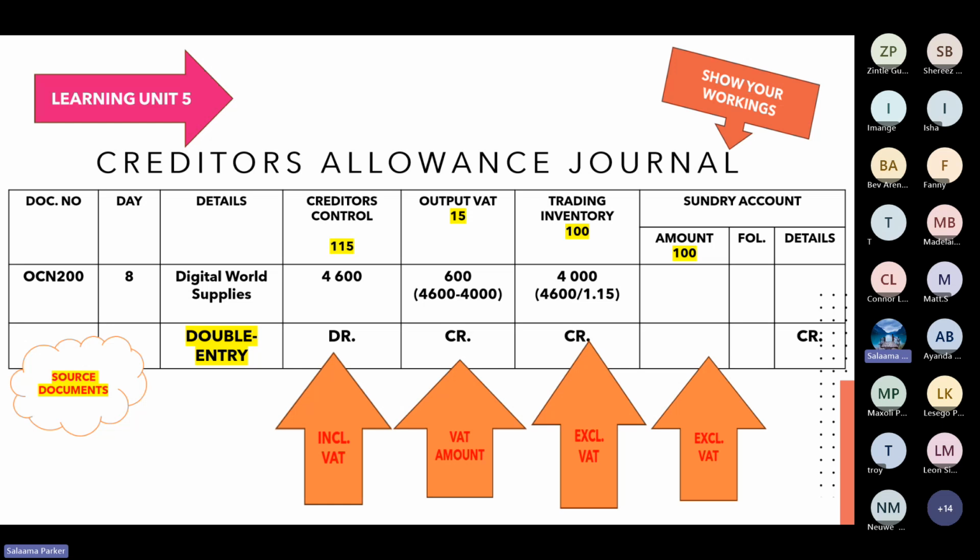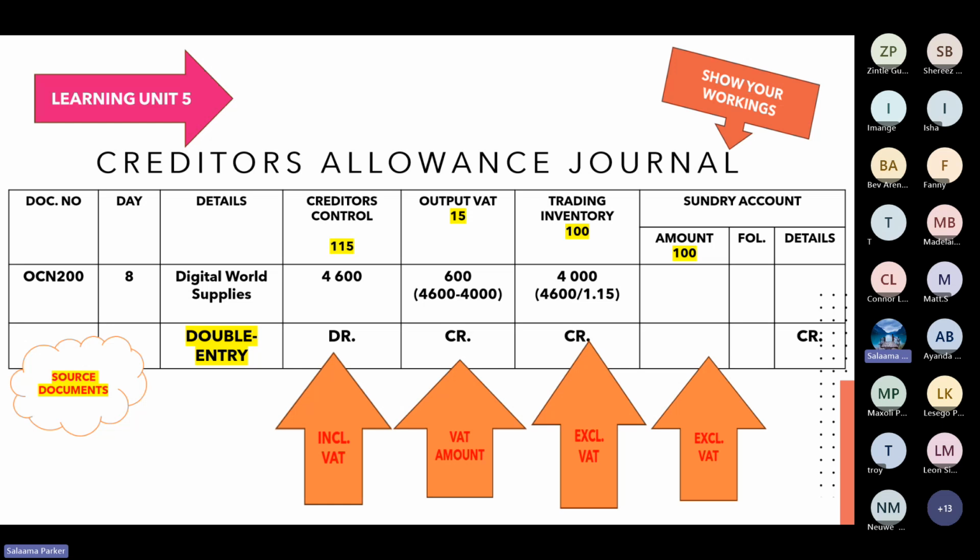Again, into the creditors control column is the inclusive amount. And I always try to tell the students, if they're not sure whether it's input VAT or output, just remember, anything coming into the business, you're purchasing inventory, input. Anything that is leaving the business, the customer is taking the goods, so it's leaving, or you're sending goods back to the supplier, output VAT, output VAT.